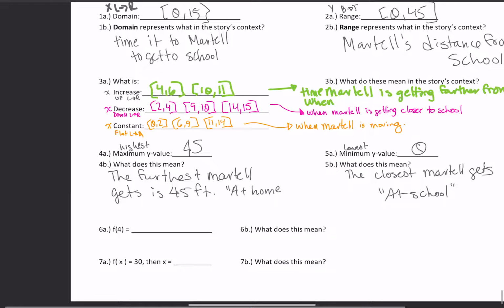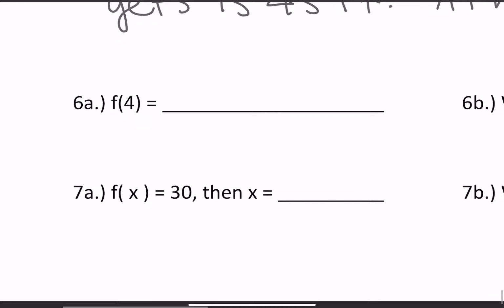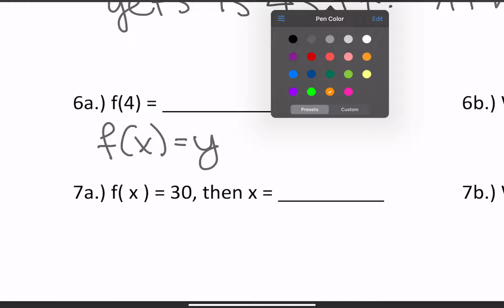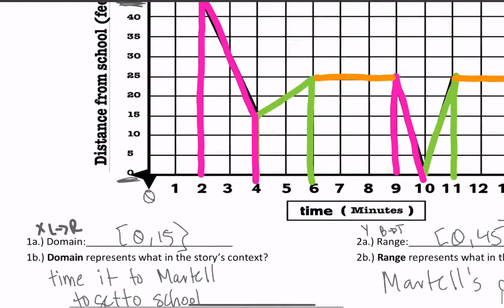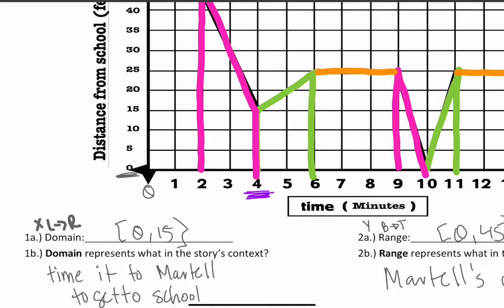All right, last two. We have to think back to the day before notes, where f of x equals y. So in this problem, this 4 is our x. So we're looking at 4 on the x-axis. Here's 4 on the x-axis. We're trying to find its y number partner. Here's the graph.